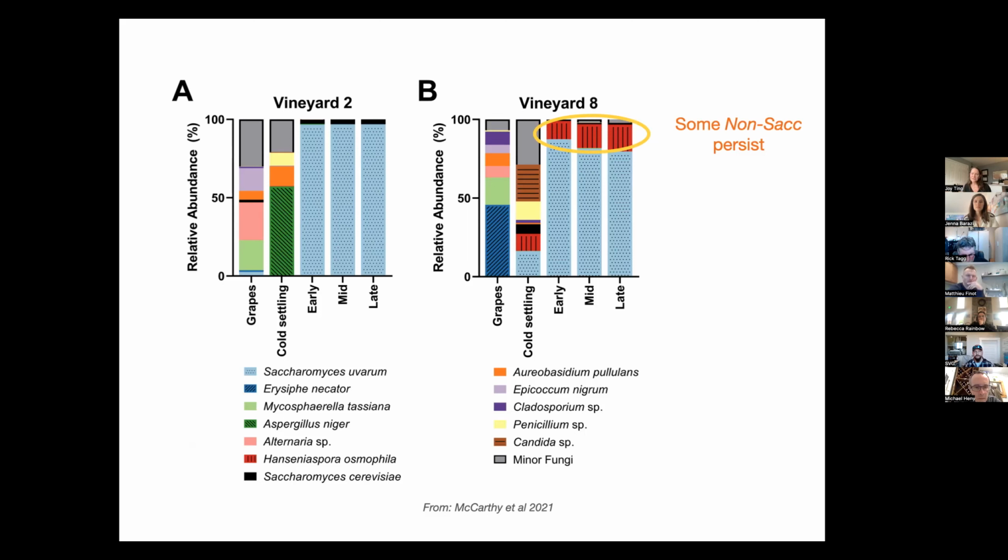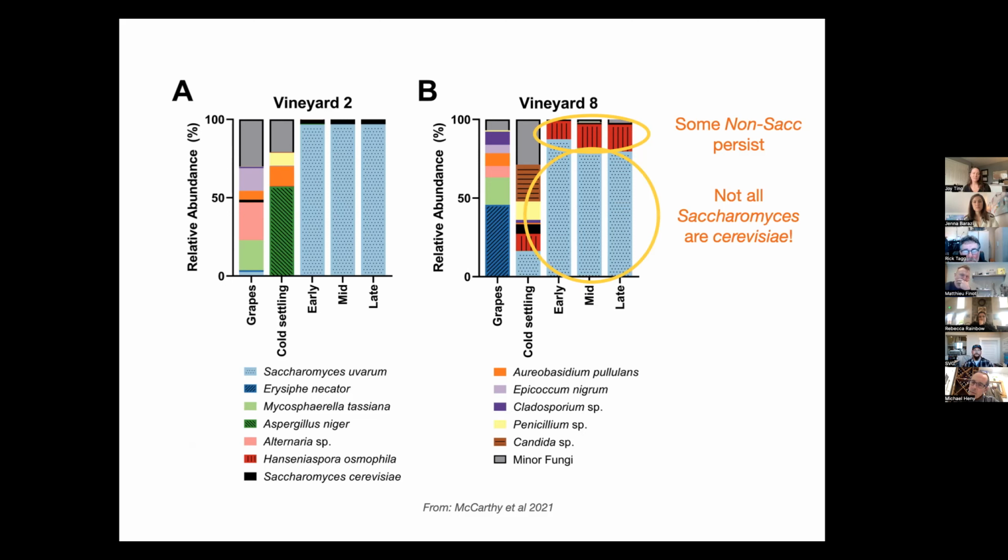But the other thing these molecular techniques have shown us is that not all of our Saccharomyces are Saccharomyces cerevisiae. A lot of times we assume it's Saccharomyces cerevisiae doing the fermentation, but the more we look closely into the genetics of these organisms, we realize they're not all cerevisiae all the time.